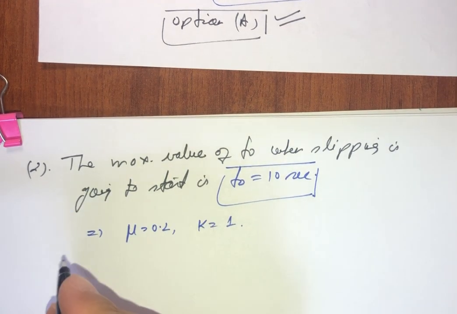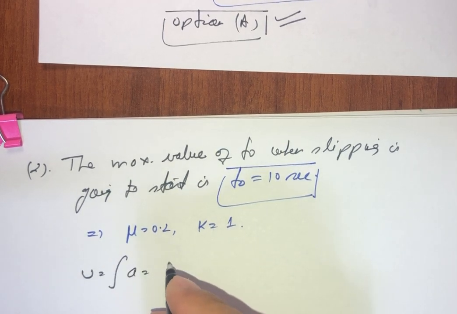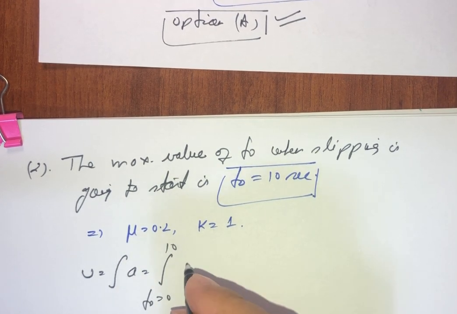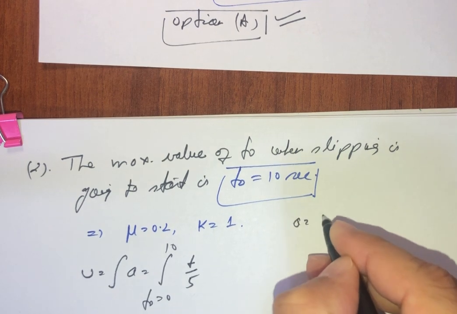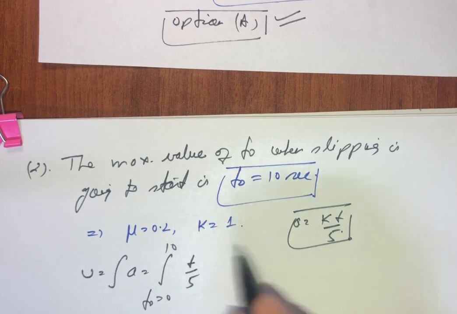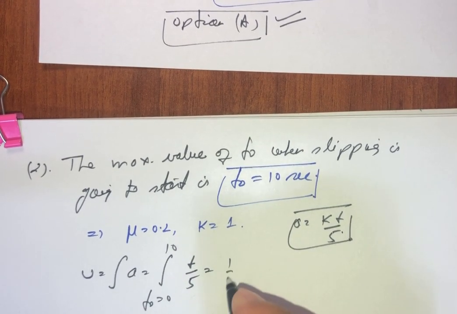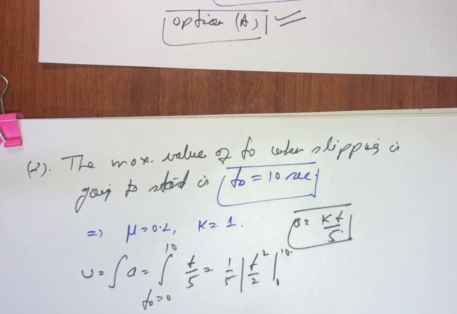We already know velocity is the integration of acceleration, and that will be the integration from 0 to 10 of acceleration, which is given as kt upon 5. K is 1, so this comes as t upon 5, equal to 1 upon 5 times t square upon 2, from 0 to 10.